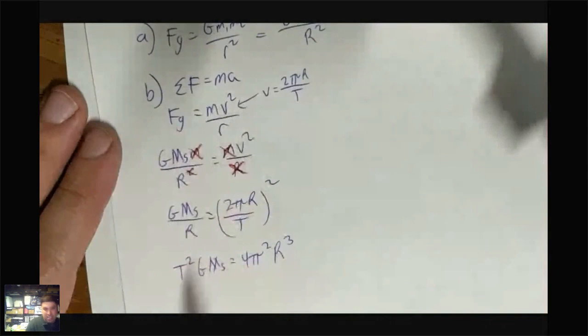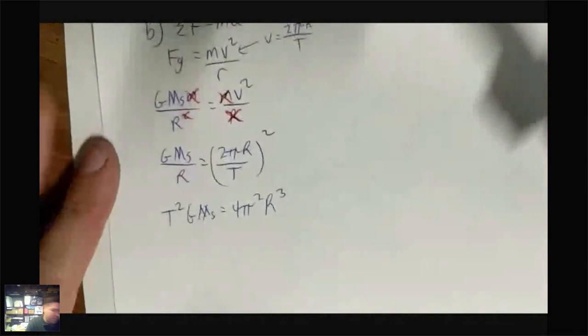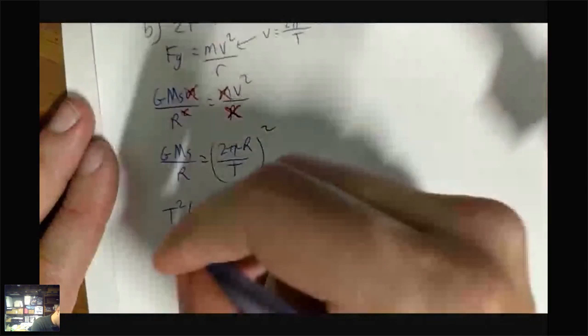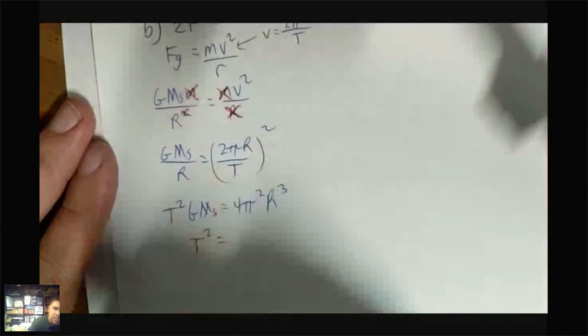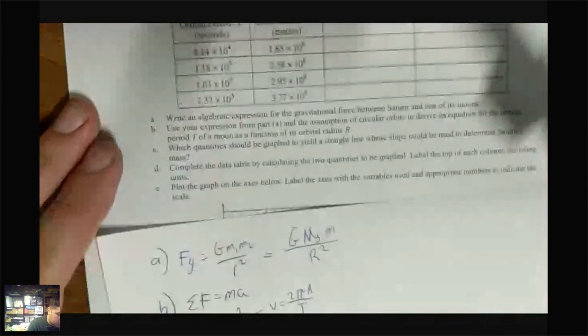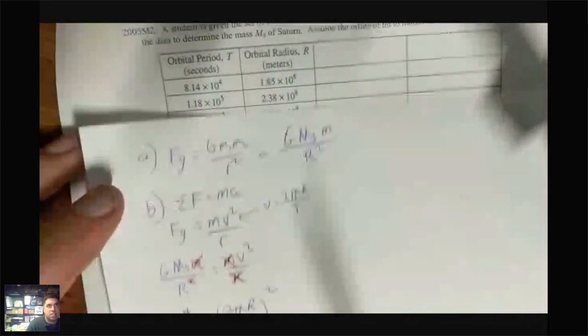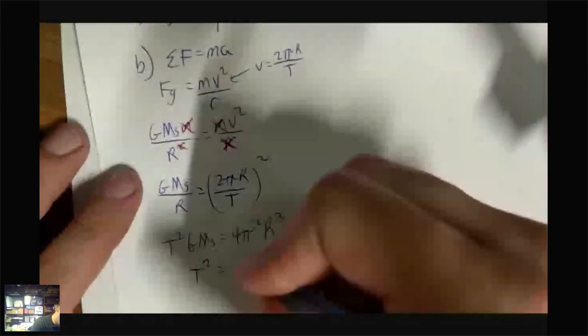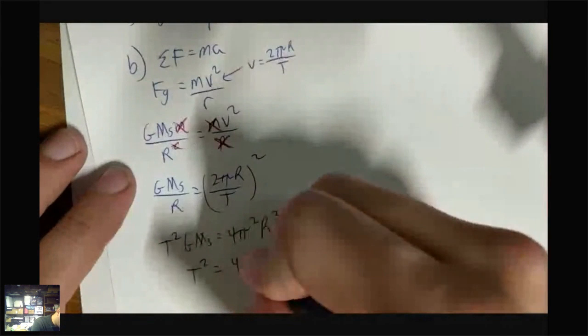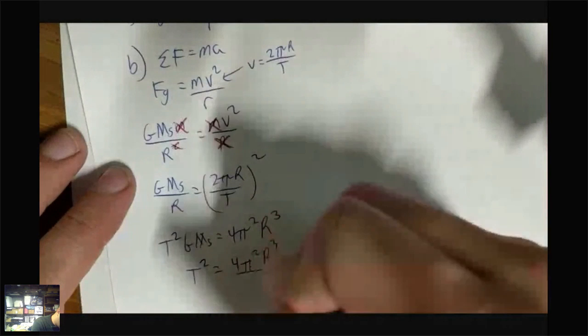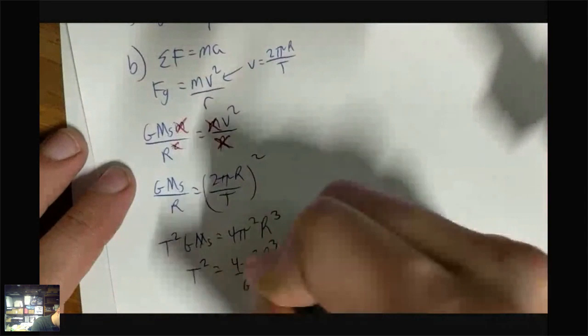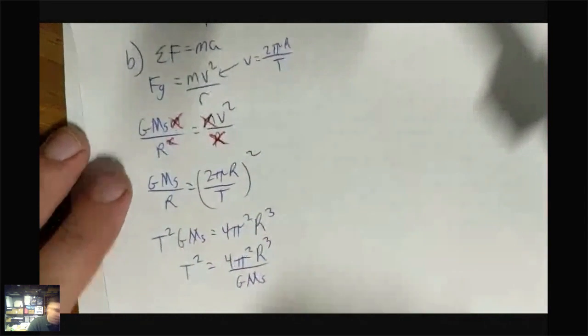Again, exactly the same spot we were beforehand. Just again, knowing how to do this, don't memorize it, but know how to get there, is going to be useful for you. And I'm just going to solve it for T because that's what the question asks us to do. So the orbital period T of the moon as a function of its radius: T squared equals 4 pi squared r cubed over G M S. And you're probably good leaving it here.